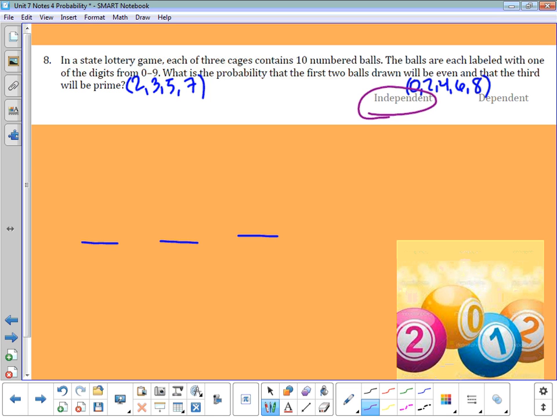So the first one being even, that's going to be a 5 out of 10 chance. The second one being even, that's also going to be a 5 out of 10 chance. And the third one being prime, there's 1, 2, 3, 4 prime numbers, that's 4 out of 10. So I multiply those all out, and my decimal becomes 0.1.